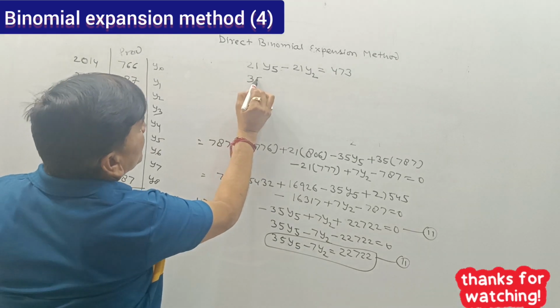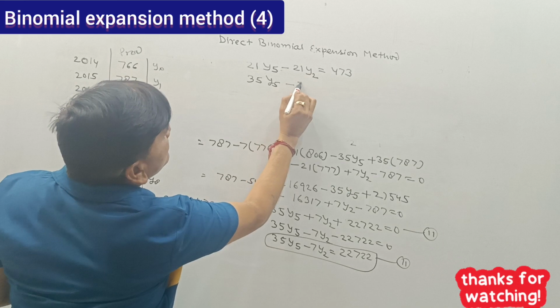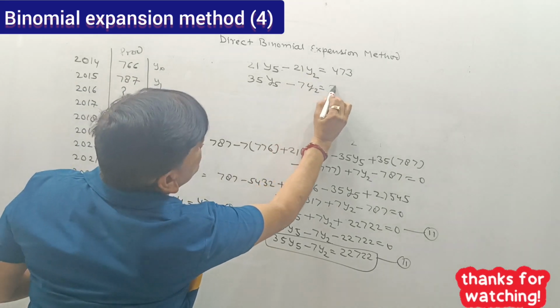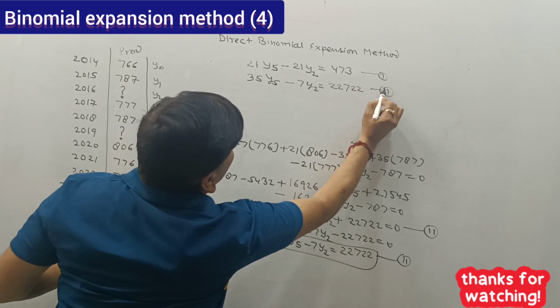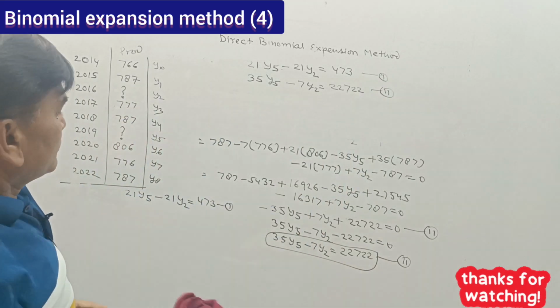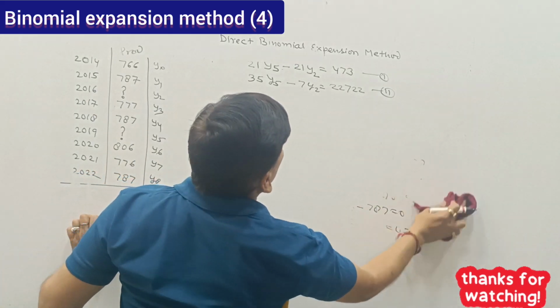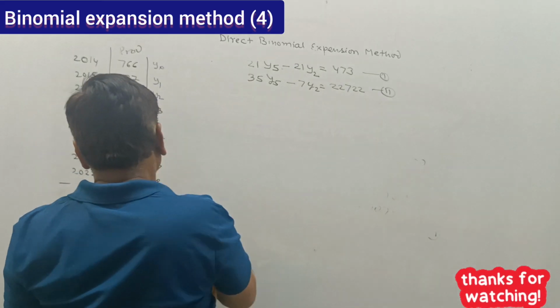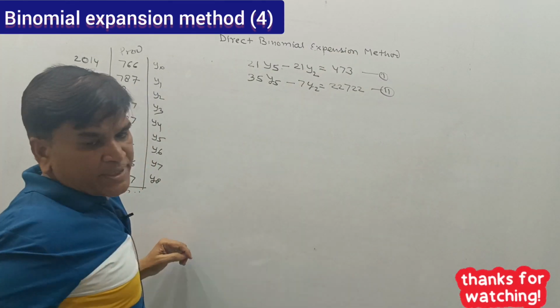The second is 35y5 minus 7y2, that is 22722. So this is the first equation, that is the second equation. So now we will solve these equations for getting the values of y2 and y5.